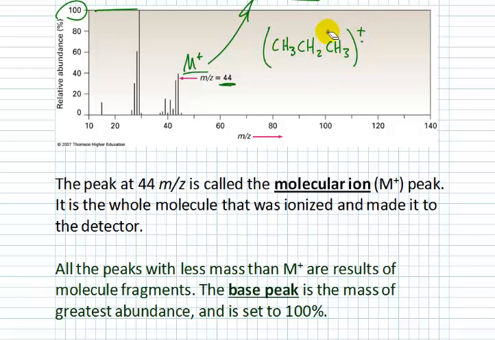And those less massive ions are sent through the mass spectrometer, sorted by their mass, and plotted against their abundance, right here. So what's called the base peak is the peak that has the greatest abundance. So that's going to be this one. The base peak will read 100% relative abundance, and all the other peaks are shown relative to it, right?